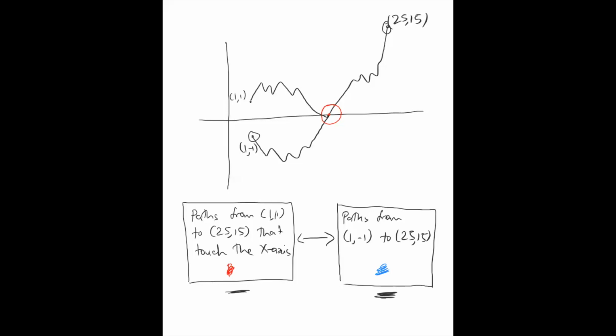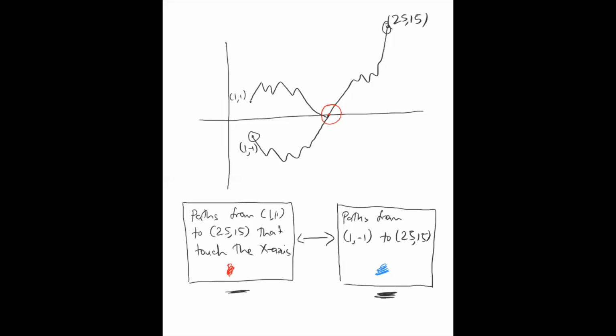We are looking for the first time when the path touches the x-axis, and then we reflect just the part before that across the x-axis. And the advantage of pairing them off in such a way is that both of these boxes contain the same number of things. They contain different things, but they contain the same number of things.